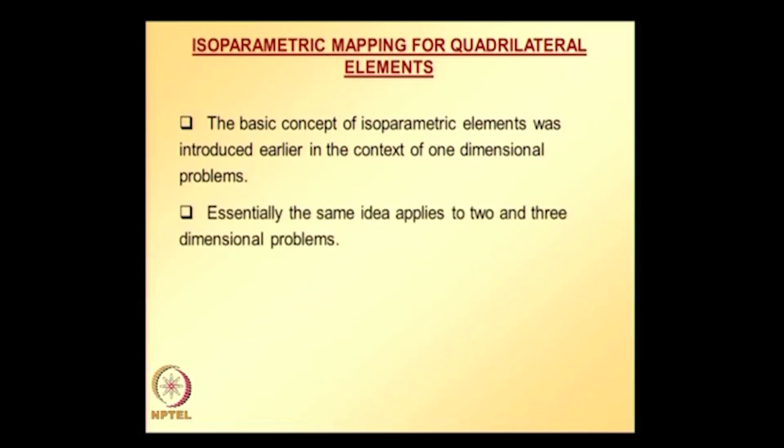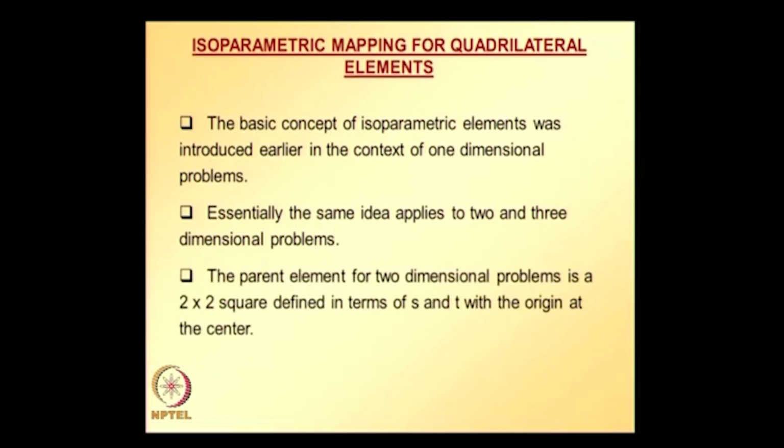Essentially the same idea applies to 2 and 3 dimensional problems. Only thing is, the parent element for 2 dimensional problem is a 2 by 2 square defined in terms of s and t with origin at the center and s going from -1 to 1, t going from -1 to 1.